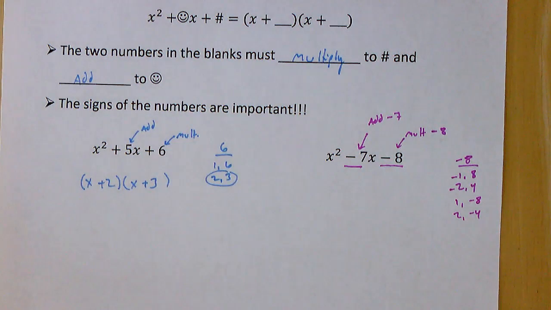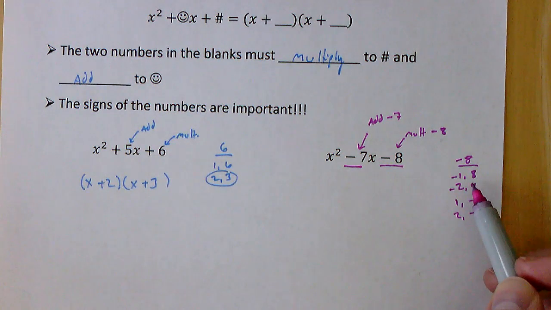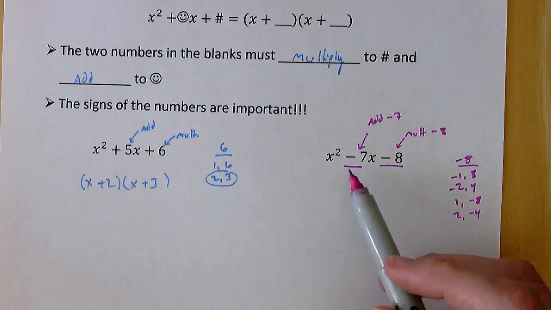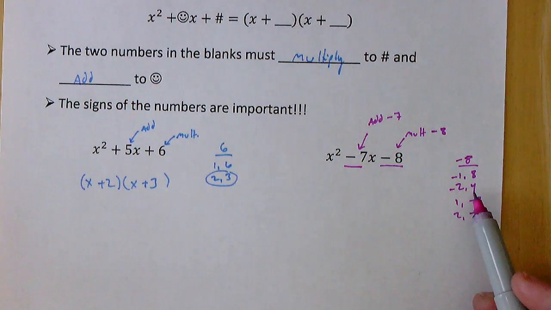We've got opposite signs, so think about your fires and buckets of water. -1 plus 8, so 1 fire, 8 buckets of water. That's going to give me 7, but it's going to be a +7. I don't want +7, I want -7. -2 plus 4, so 2 fires, 4 buckets of water. Nope. 1 and -8.